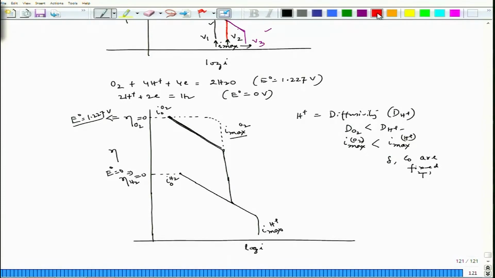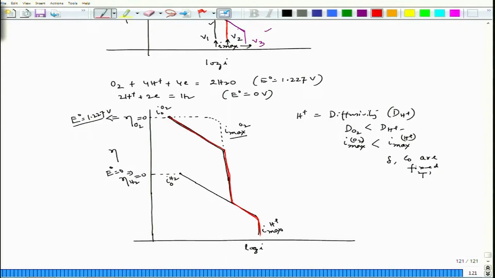If I draw it with a different color, this particular fall would be like this, it will follow this pattern, then switch to this pattern and then follow like this. So, these red lines would be the actual polarization line for both the reactions.